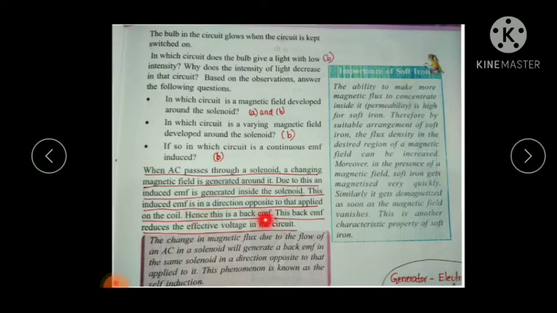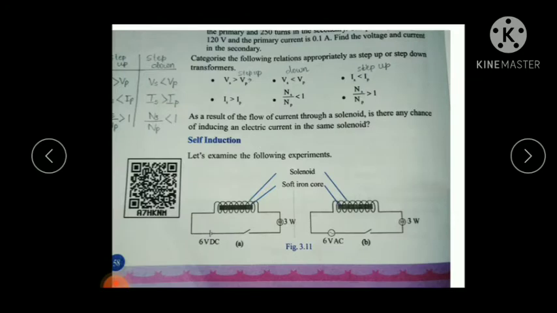Hence, this is called back EMF, and this back EMF reduces the effective voltage in the circuit. So what happens? The main current decreases, therefore this bulb glows with low intensity. Due to this back EMF, the intensity of the bulb decreases.